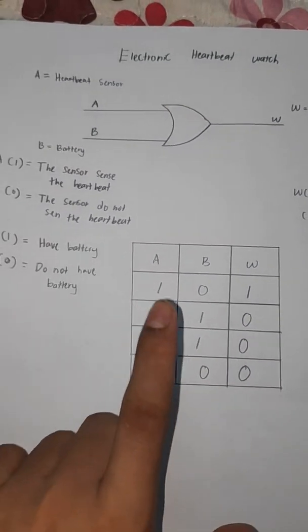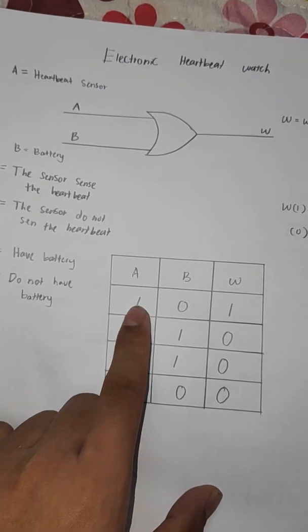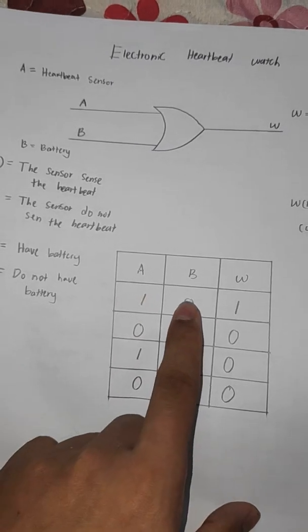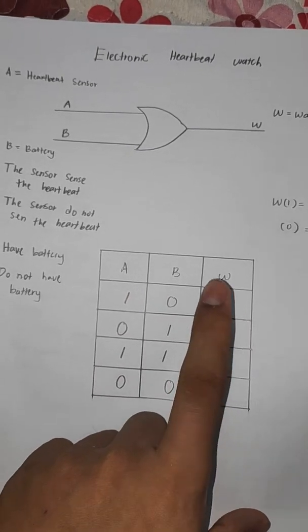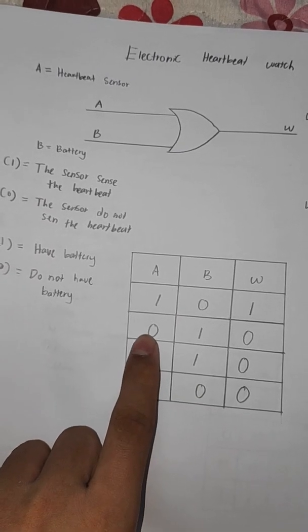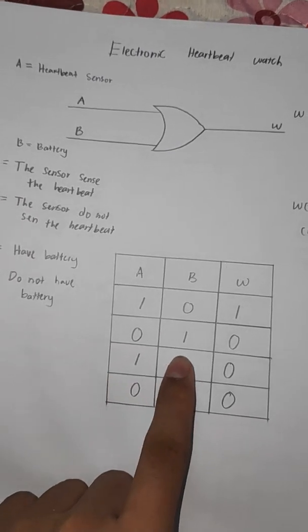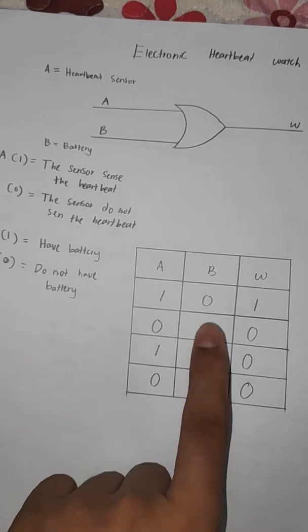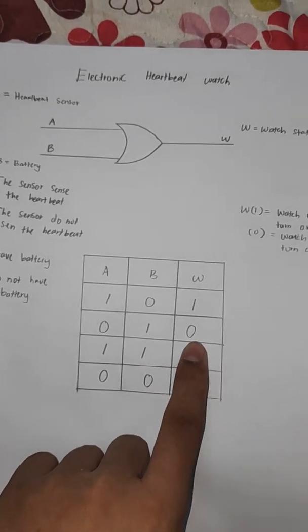So, if the sensor senses the heartbeat but there is no battery, the watch is still on. If the sensor does not sense the heartbeat but there is a battery, the watch will be on.